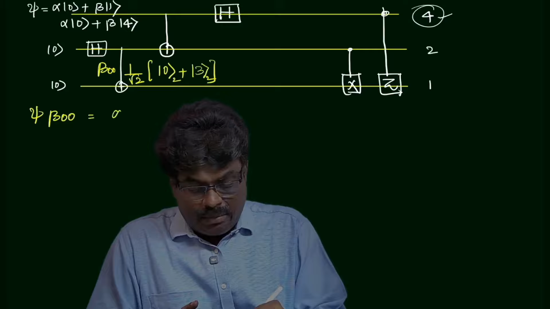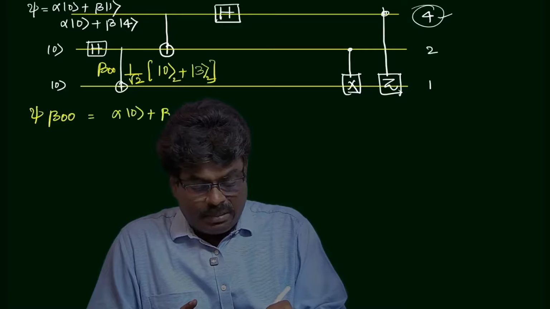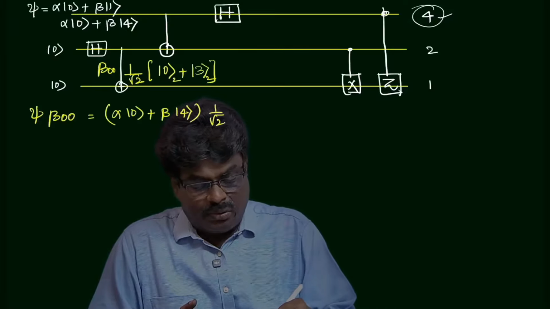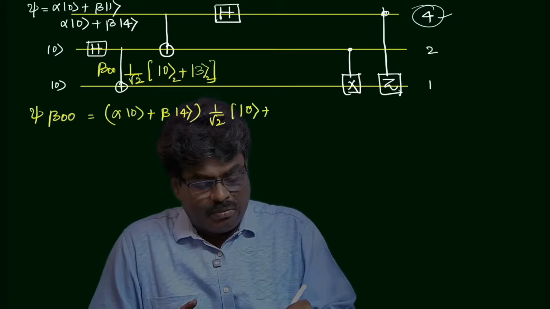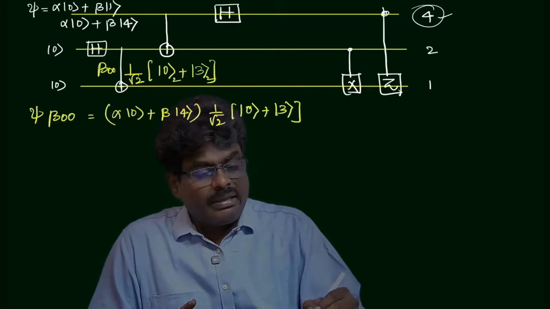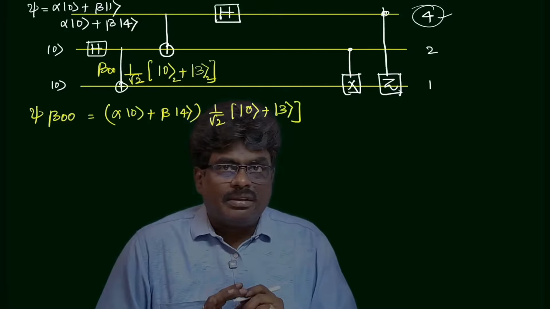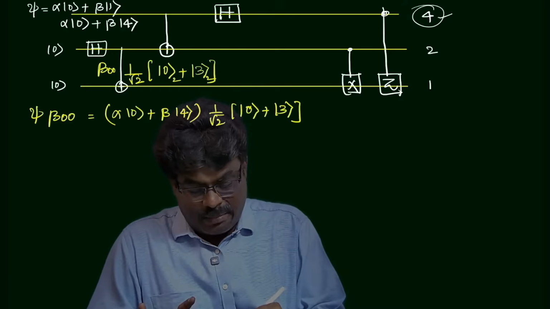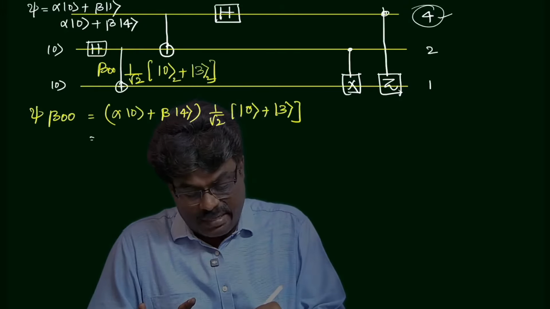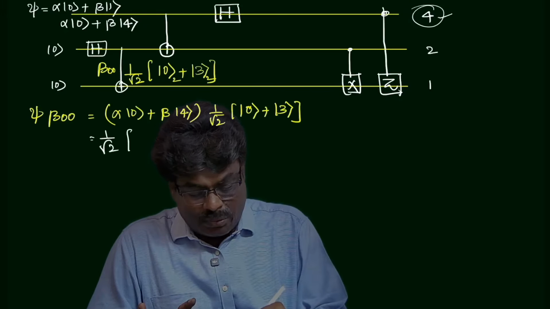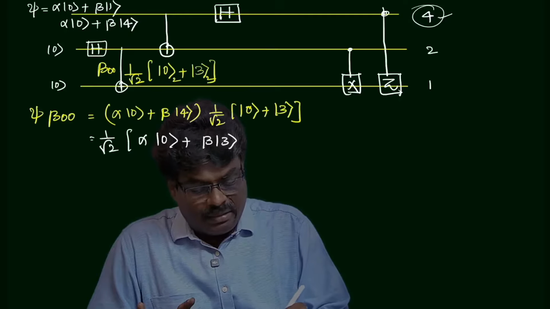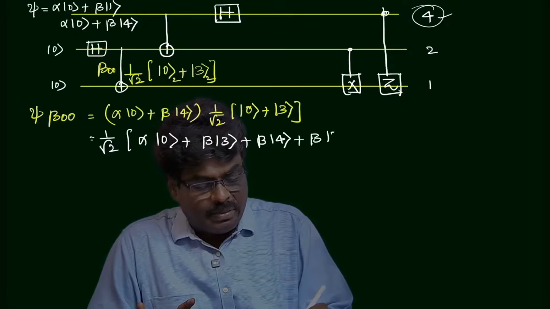So this is nothing but alpha 0 plus beta 4, and this is 1 over root 2 (0 plus 3), and here there is no tensor product. Earlier we had a tensor product, and here we just add. Let me do this completely, then you will understand. 1 over root 2 (alpha 0 plus alpha 3 plus beta 4 plus beta 7).